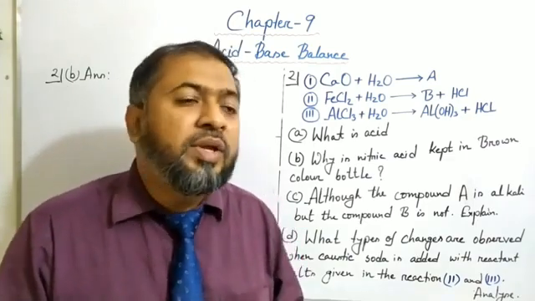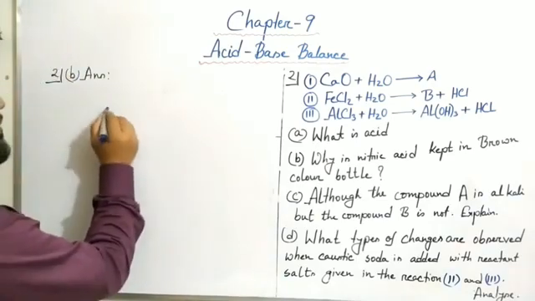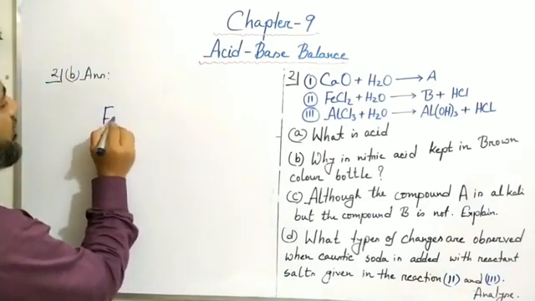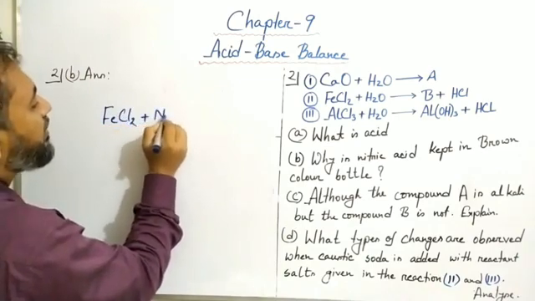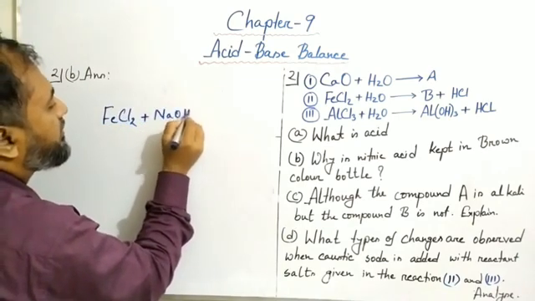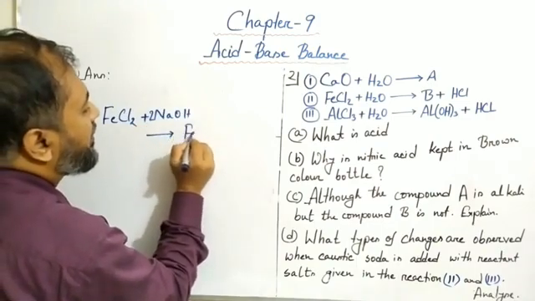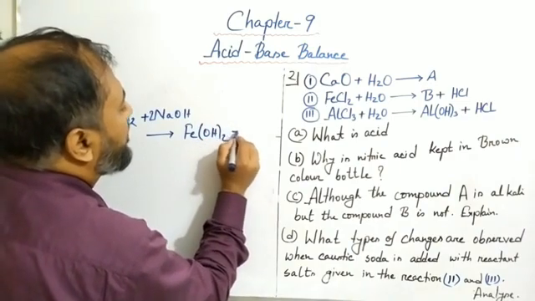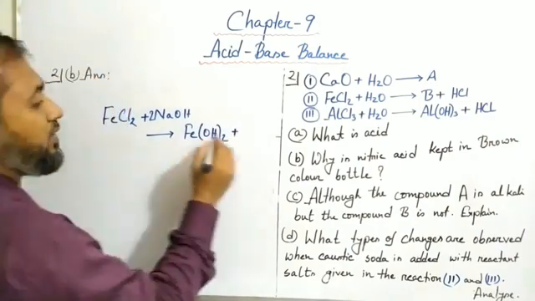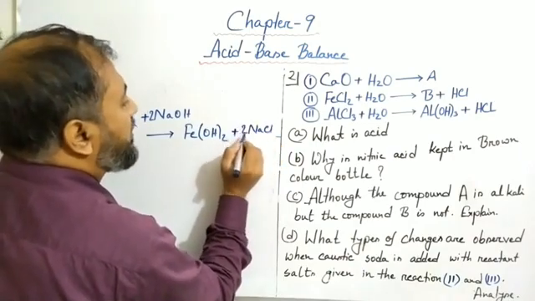So when we add caustic soda to ferrous chloride, what will happen? We can see ferrous chloride, and we are going to add caustic soda. It will produce ferrous hydroxide and sodium chloride salt.